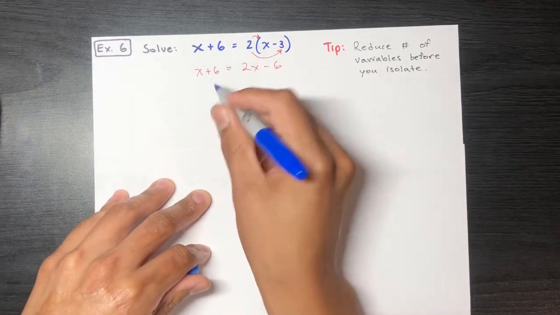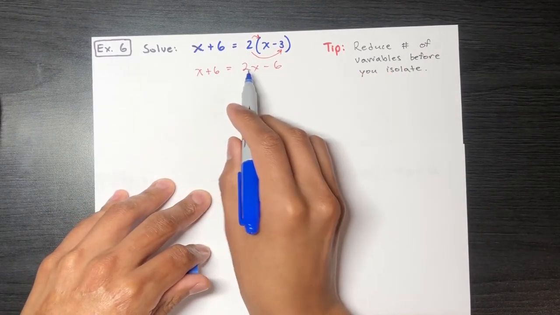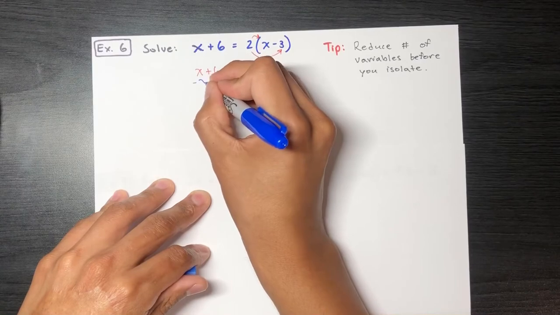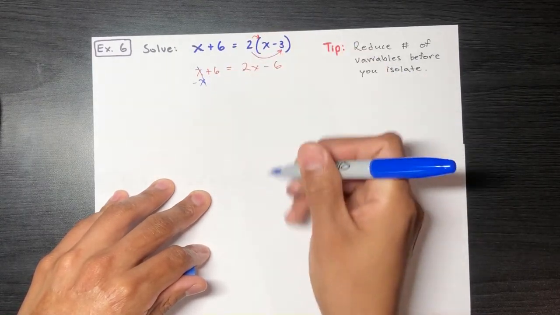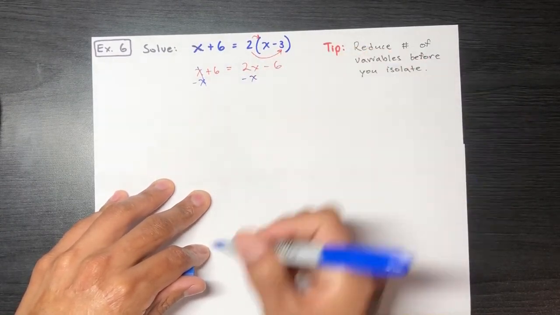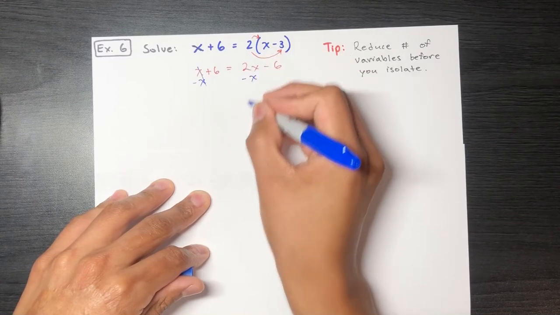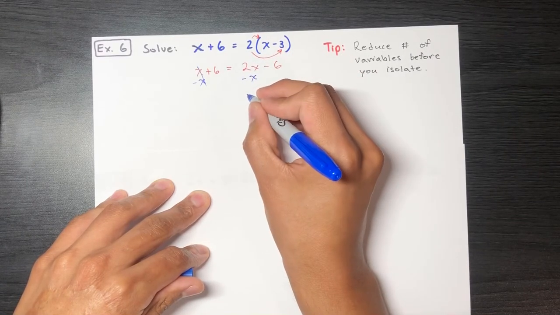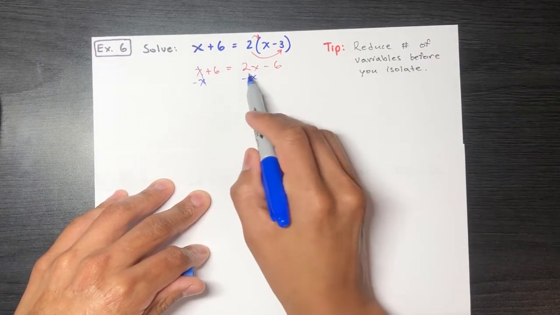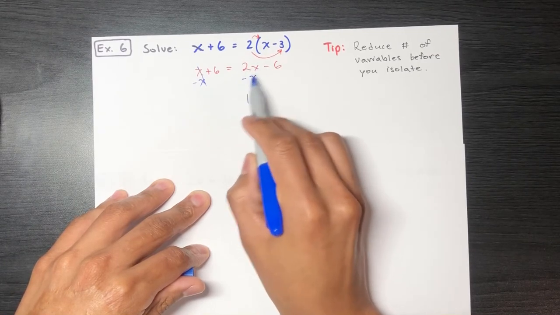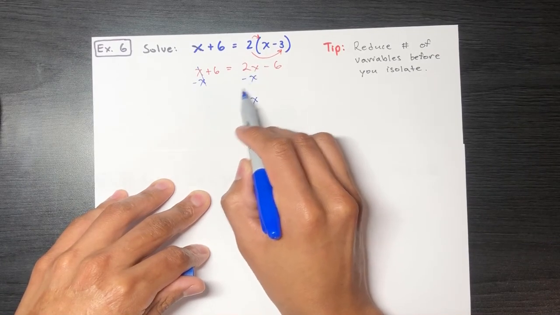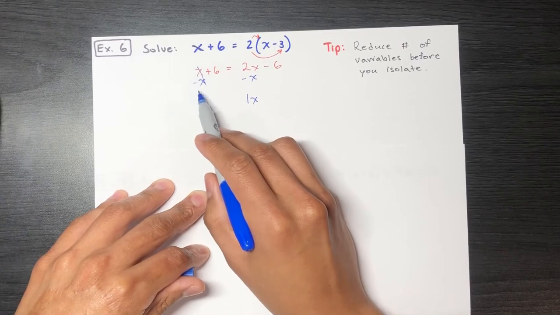So I'm going to go ahead and move this x over here, and I'll show you what I mean. If I subtract x from here, that cancels out. Whatever I do to one side, I do to the other. And now 2x minus x is going to equal just 1x. If I would have taken this 2x and subtracted 2x from here, I would have done minus 2x and then x minus 2x.